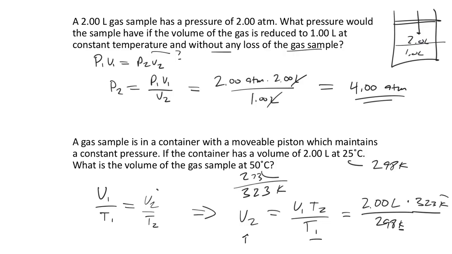I can't think of any problem where we're going to stay in degrees C in this chapter. So we've got to go to the absolute temperature scale here. And so we do the math, 2 times 323 divided by 298. That shows that the volume goes up a little bit, up to 2.17 liters.